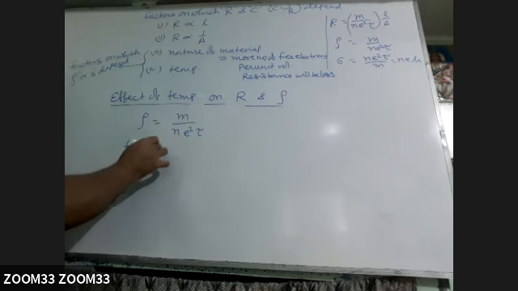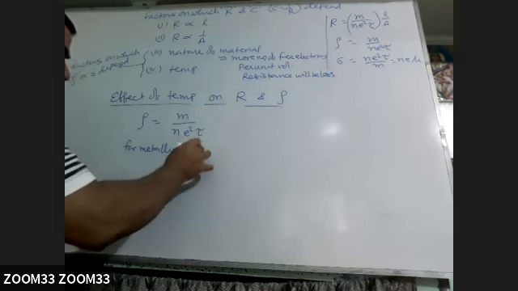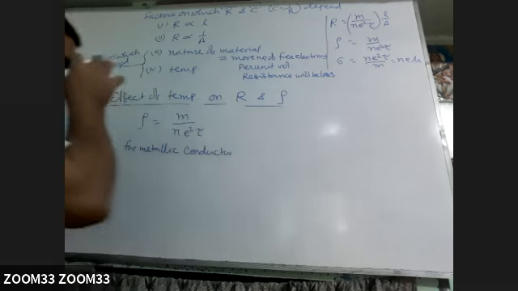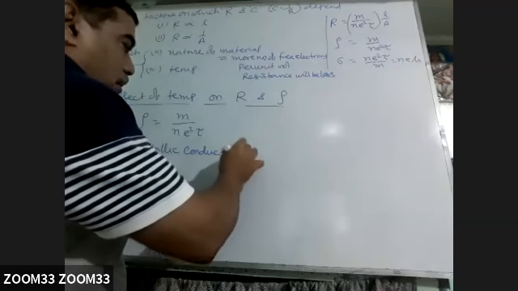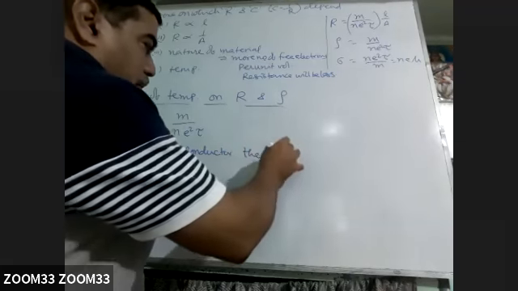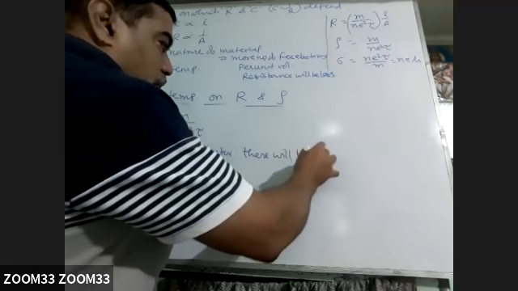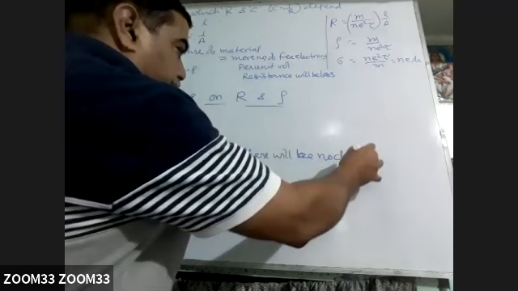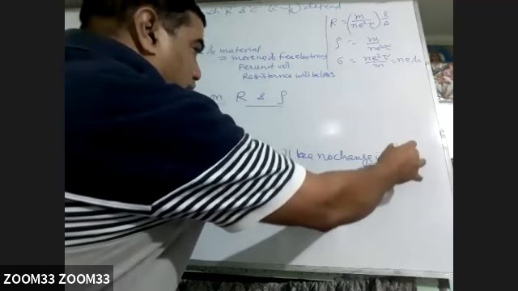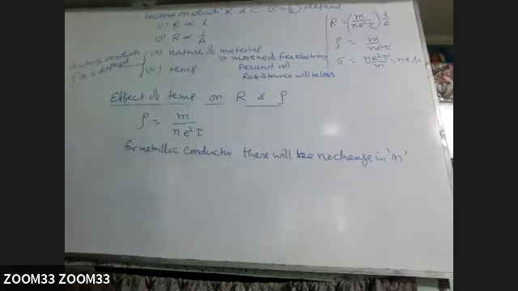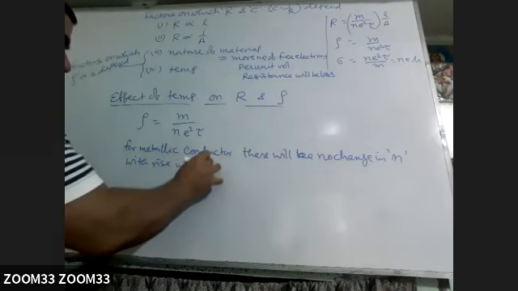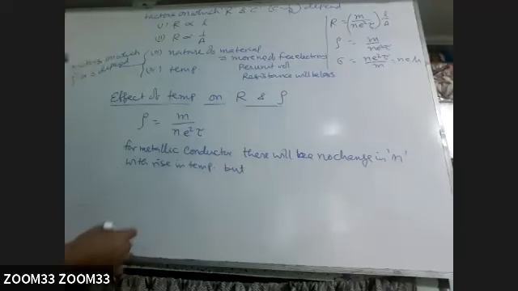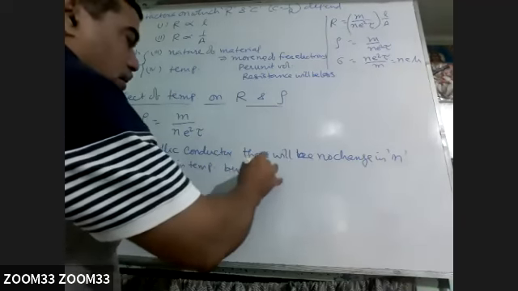For a metallic conductor, there will be no change in n, that is the number of free electrons per unit volume, with rise in temperature. But this tau decreases.